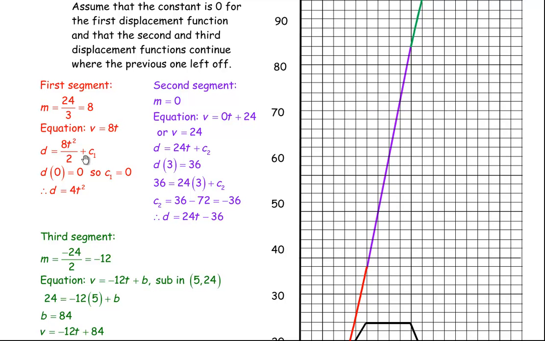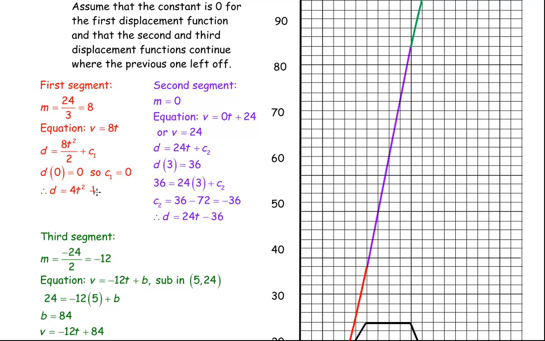And so I'll call C1 the first constant for this. We are told that the displacement at time 0 is 0, and so that would mean that C1 is 0. If you want to see what that looks like algebraically, I'll show it to you here. 8t squared divided by 2 simplifies to 4t squared.